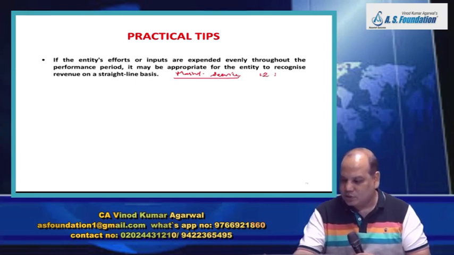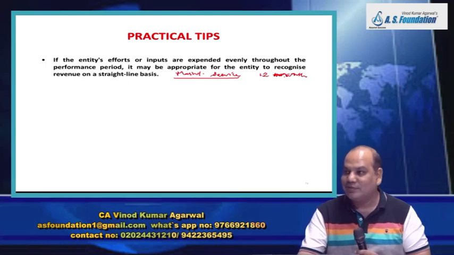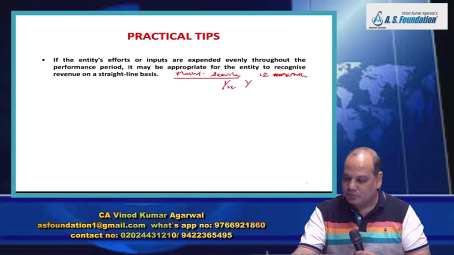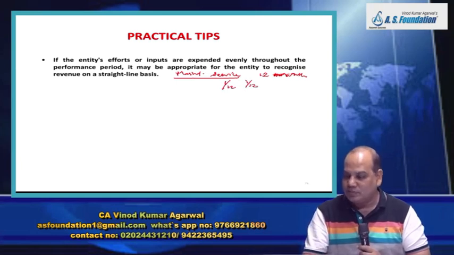Maintenance service is for 12 months. So, is the amount of work done different in each month? No, it is the same. Cleaning service, every month he comes and does the same work. So 1 by 12, 1 by 12, 1 by 12.